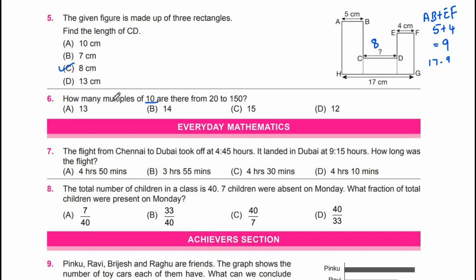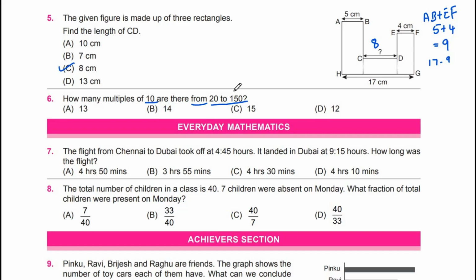Now they want to know how many multiples of 10 are there from 20 to 150. So this word from is very important here. Since it is from 20 to 150, you will consider 20 and 150. If it was given between, you have to analyze the words given there.